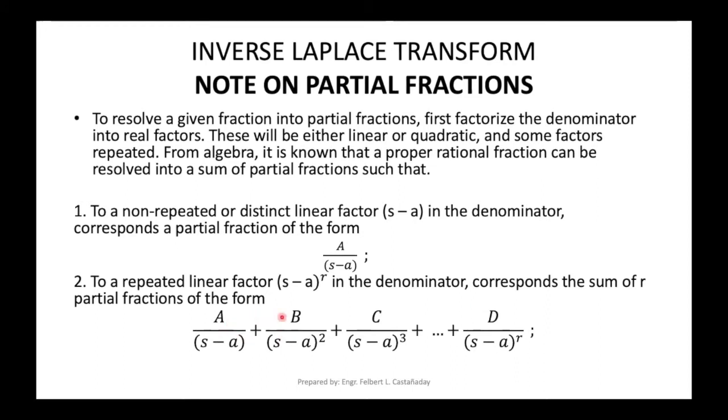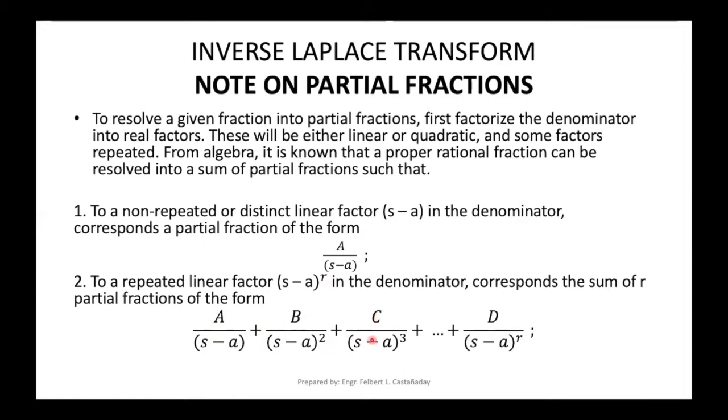Say for instance the r here is 3. So we add three partial fractions: A over s minus a, remember that the denominator here is raised to 1, plus B over s minus a squared plus C over s minus a cubed.